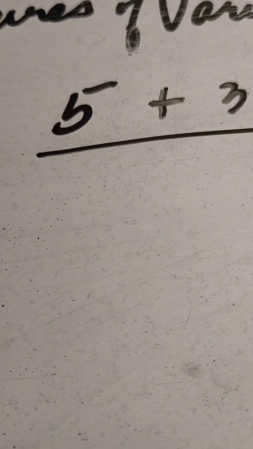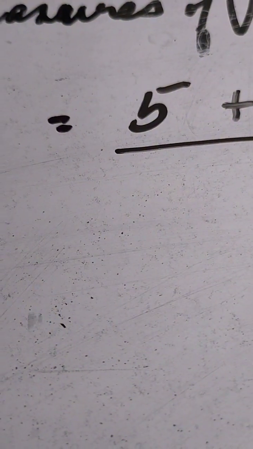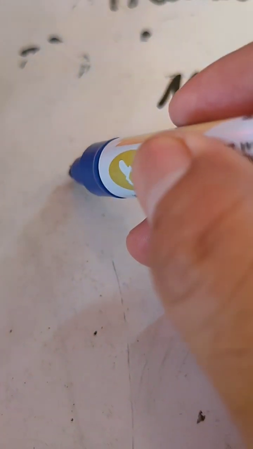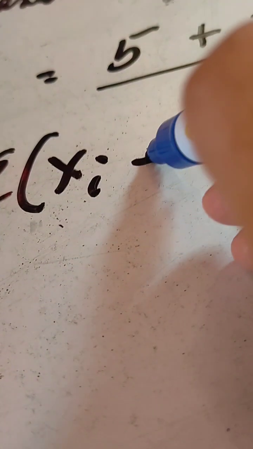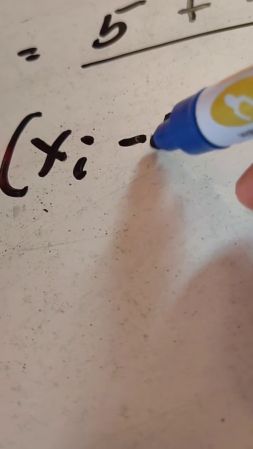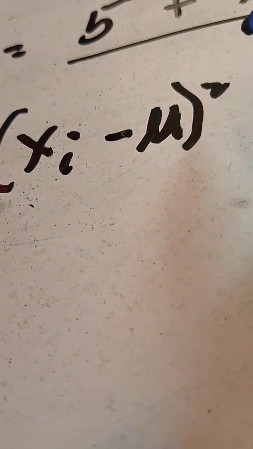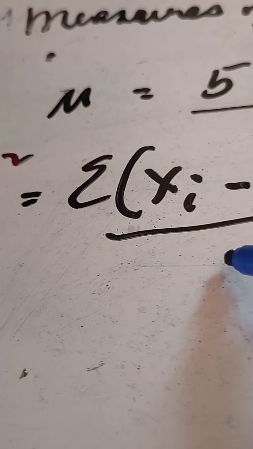Now take note that in the measures of variation, we have the formula. The formula is sigma squared, that is the summation of x sub i minus mu, squared, all over n.